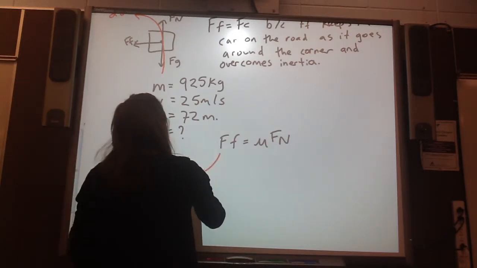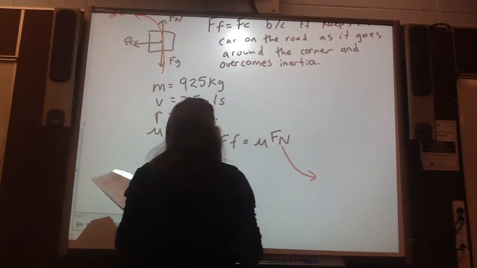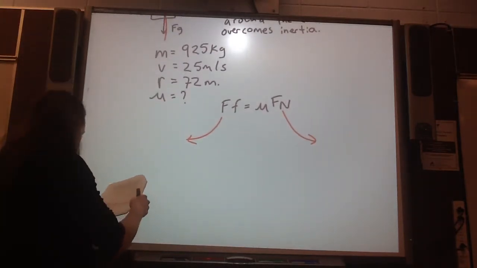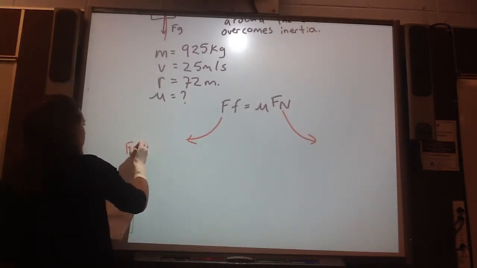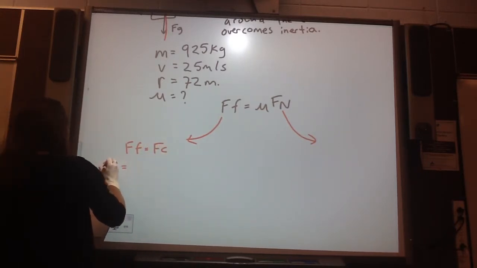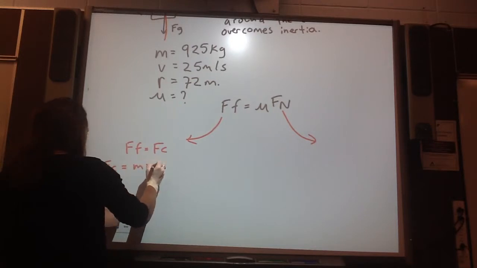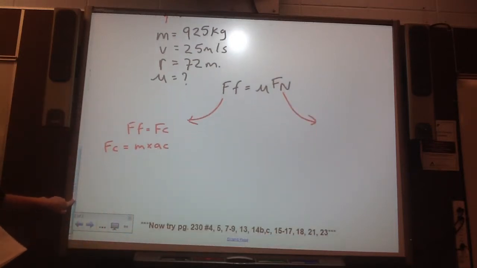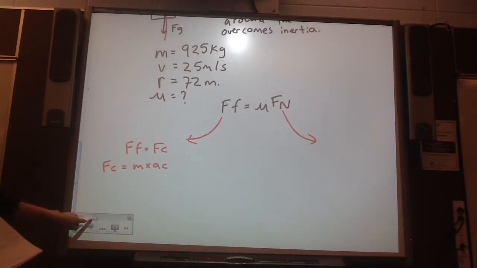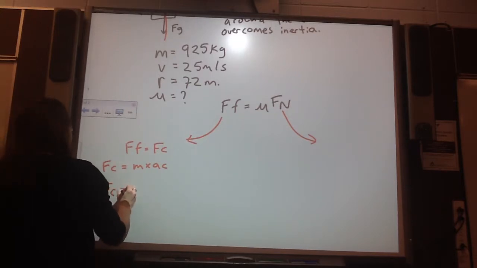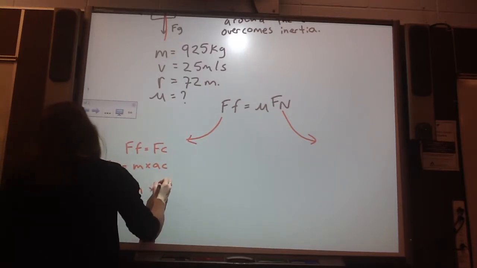I'm going to find these out separately. My FF is equal to FC, and my FC is equal to m times ac. Then I look to see which ac formula is appropriate for the data I've been given. So FC is equal to m times v squared over r.